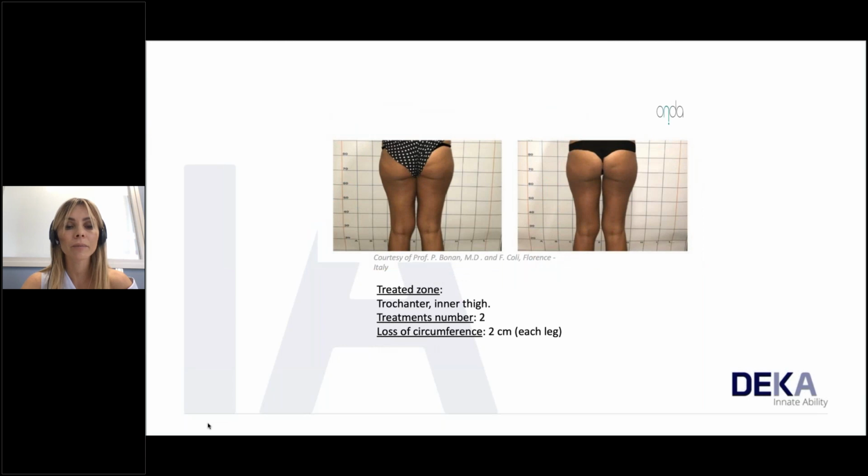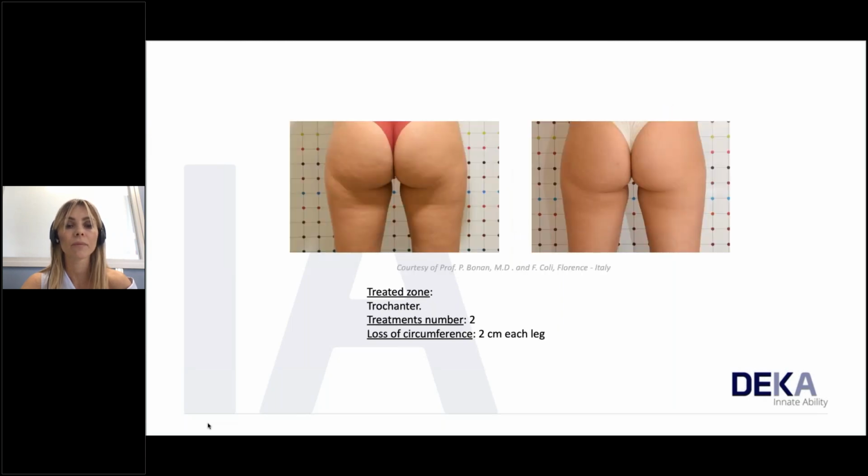You see here the loss of circumference of 2 centimeters after 2 treatment sessions. And again, you can appreciate the improvement if you look at the grade board behind the patient. Again, the improvement in skin quality and loss of circumference of 2 centimeters for each leg.